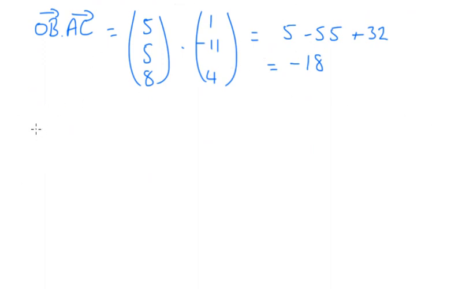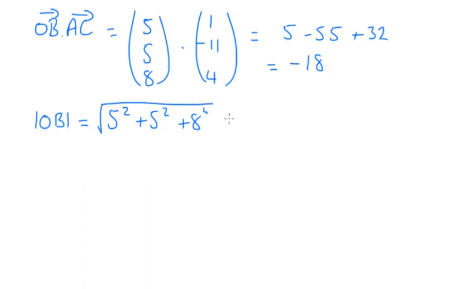So if we carry on now, we need to find the magnitude of those 2 vectors. So the magnitude of O to B is, I call it the 3D Pythagoras. We square these 3 terms and find the square root. So that's 25 plus 25 plus 64. 50 plus 64 is 114.